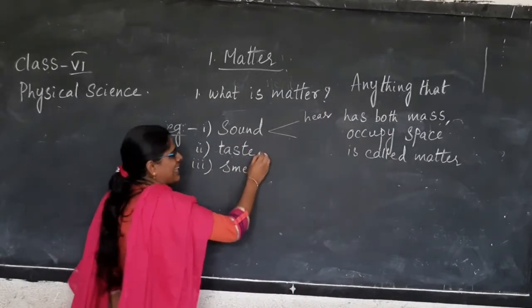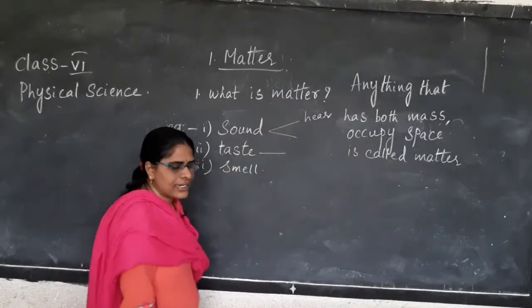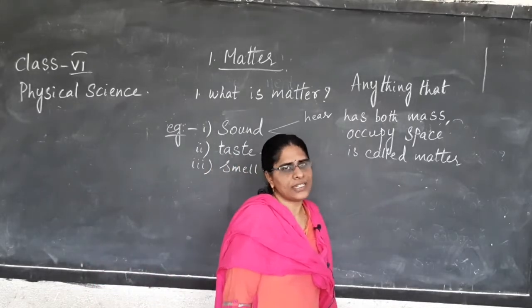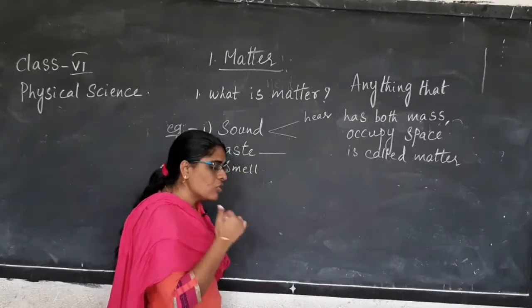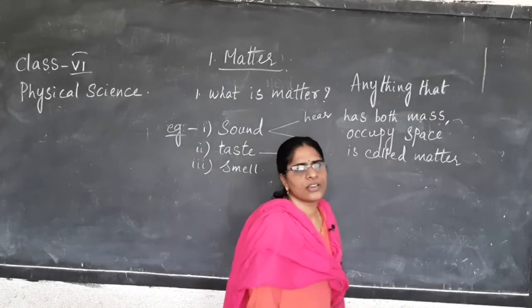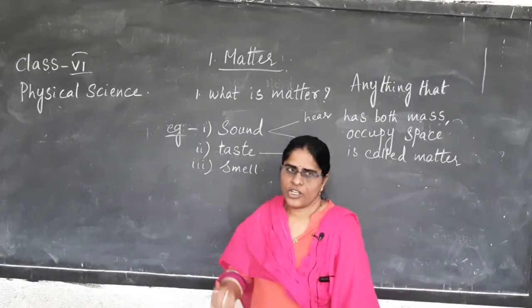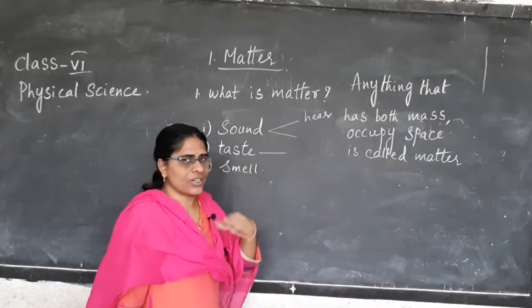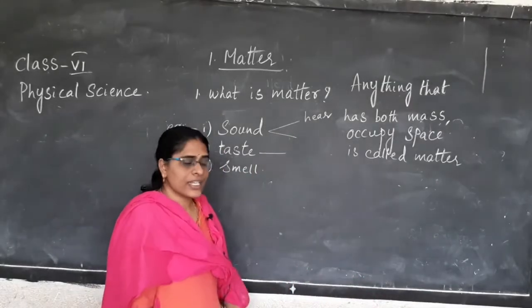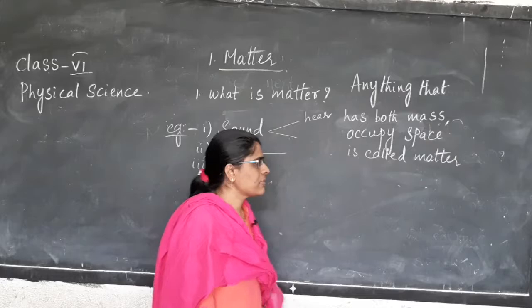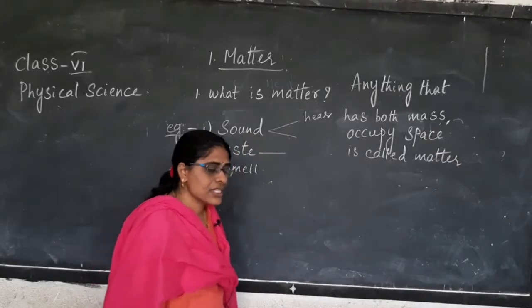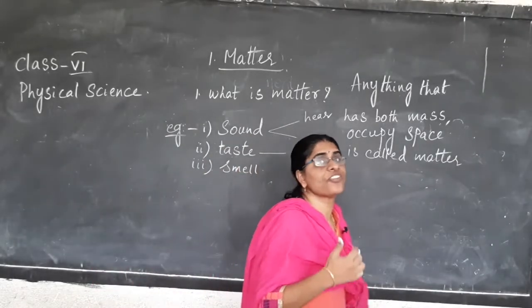Now taste. Let us see the second example, taste. How do we taste? We taste with our tongue. If you have a spicy chicken curry or something, you will be saying it is spicy to your mom. Yes or no? That means spicy is a feeling.